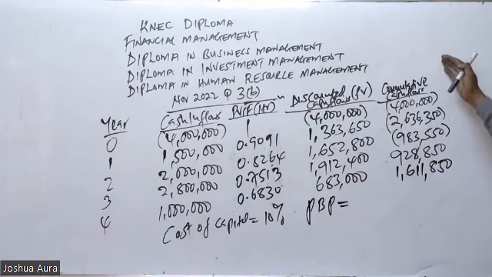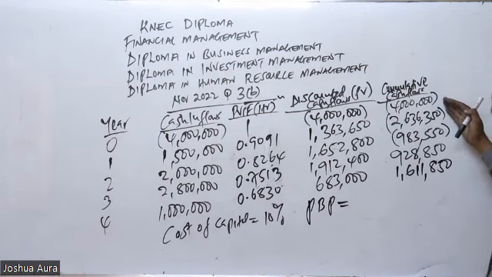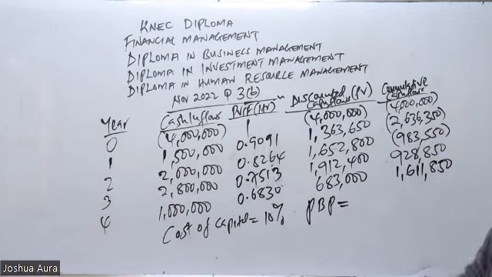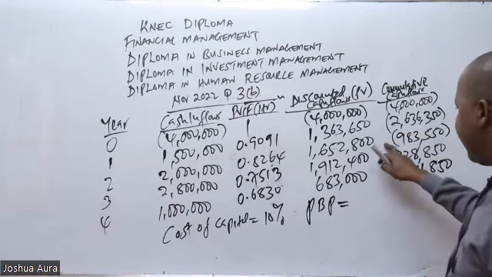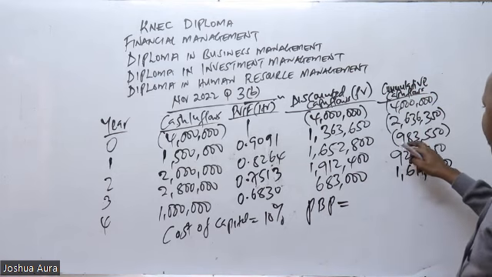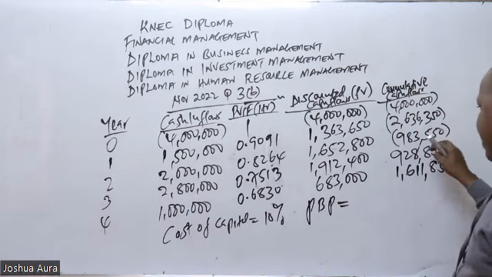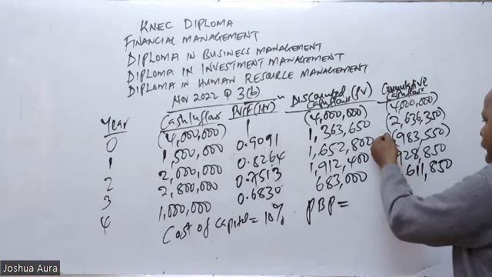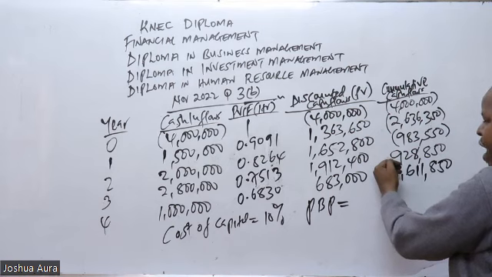You will come to your cumulative cash flows column. Then you go up to the last negative figure, which is 983,550. After this, we start to get a positive figure.